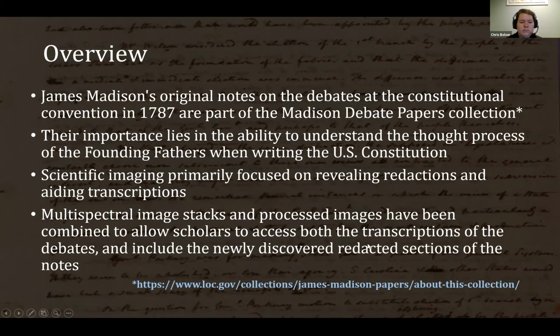We used mostly multispectral imaging to combine image stacks in order to do additional processing and get different spectral responses to reveal redactions, and we also did a lot of transcription work on it.